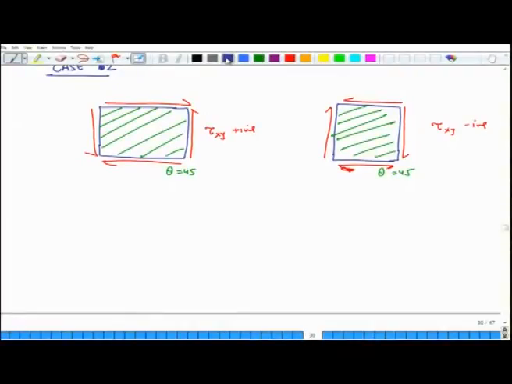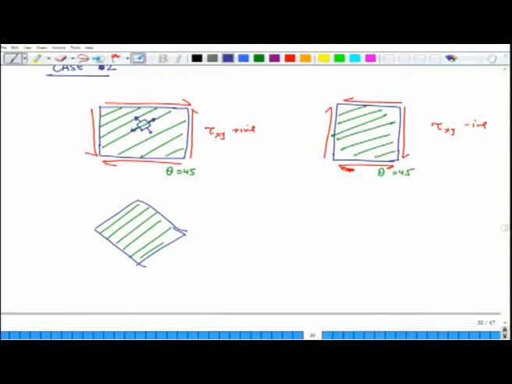If I make an LT plane, the picture will look something like this. This is my direction of fiber. Essentially, I am taking a small cross section and cutting it like this, and calculating the stresses in these directions. It is the same sample, just a different way of looking at things.